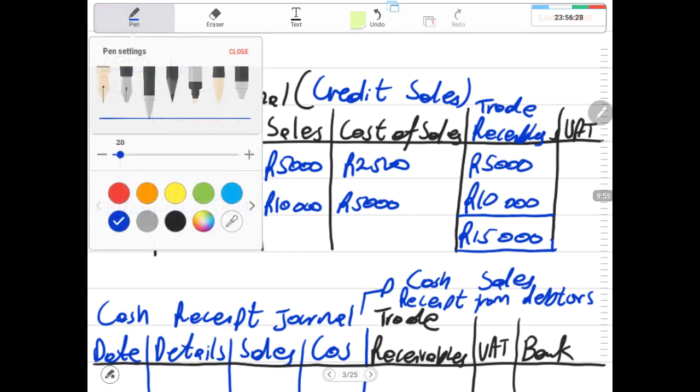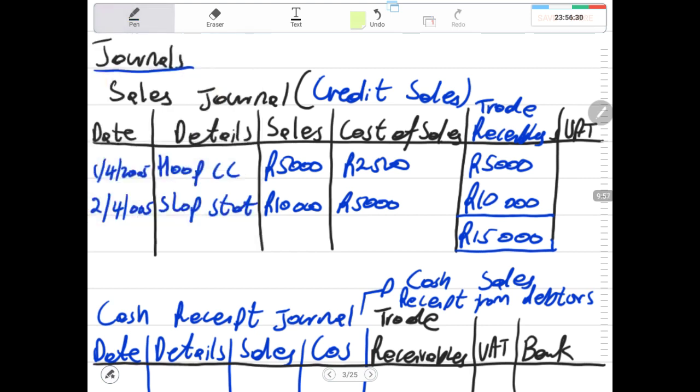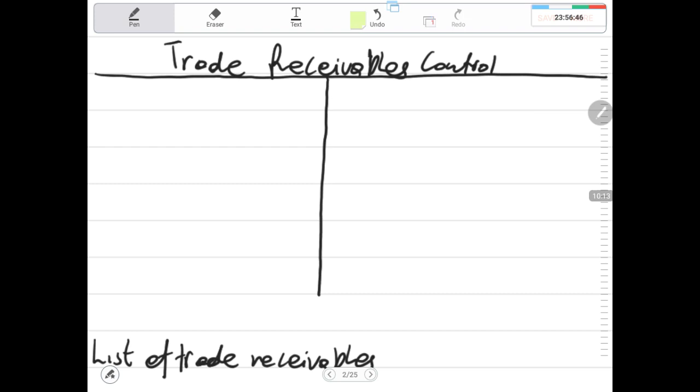Now at the end of the period, it could be the end of the month or end of the year, in this case the end of the month, the total of the trade receivables column from the sales journal, this amount of 15,000, will be transferred on the debit side of the trade receivables control. Take note.